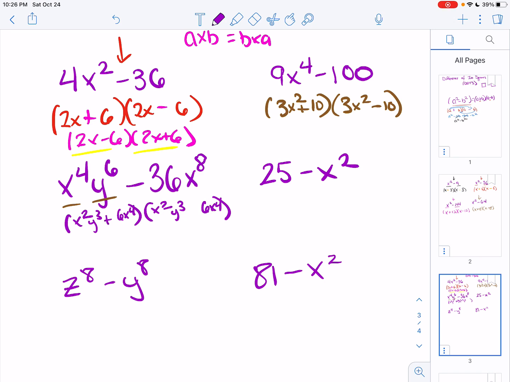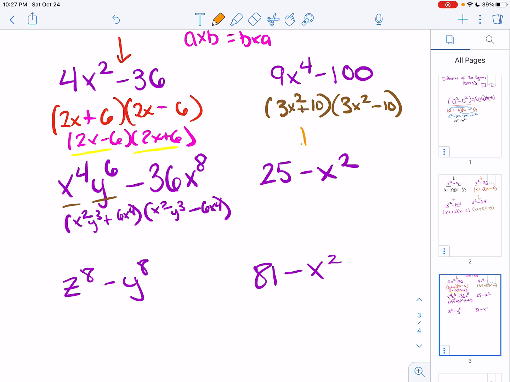And I just need my plus and my minus. So this can actually come up a lot where it looks really ugly, but it just winds up being difference of two squares. So whenever you see a binomial or a polynomial that has two terms, always look to see if you can use difference of two squares. It's always a good hint that that could be the method that we use.